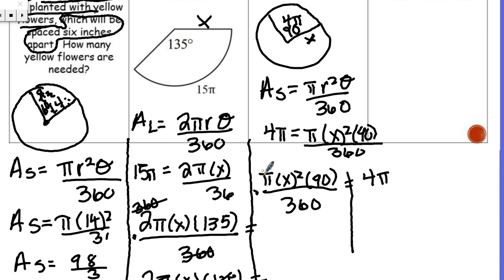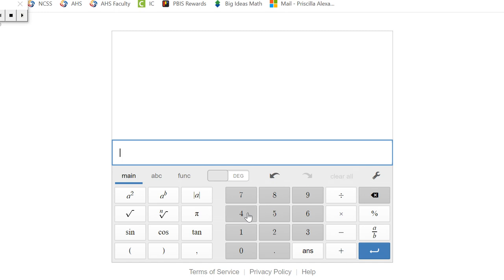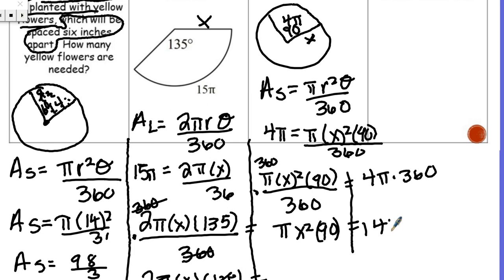Okay, so we're going to multiply this by 360 and multiply this by 360, and we get pi x squared 90 equals, I think that's going to be 4 times 360, and we're multiplying by that denominator because we don't want that fraction.